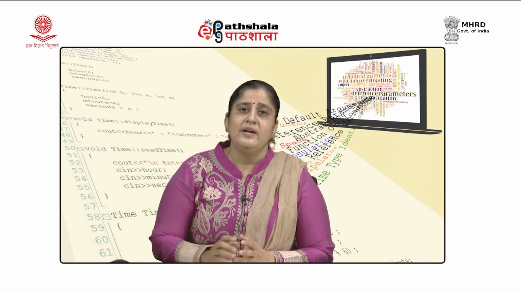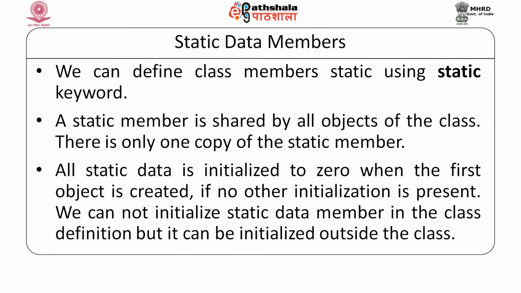To make a data member static, we use the keyword static before the declaration of that variable. Once I define a data member as static, it will be shared by all the objects of the class.